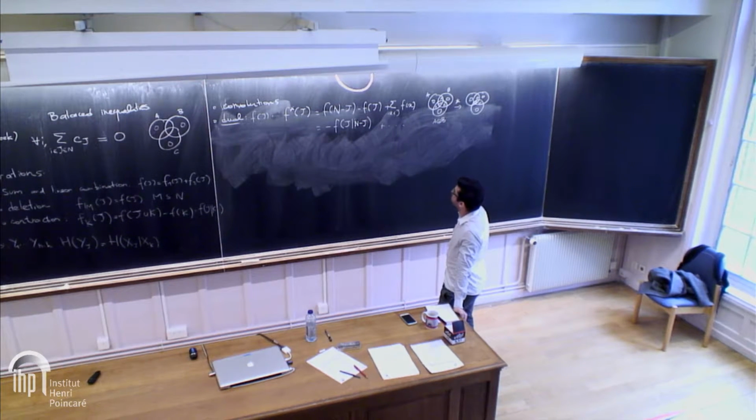Looks like you get n of n, not 0. Did I do something wrong?